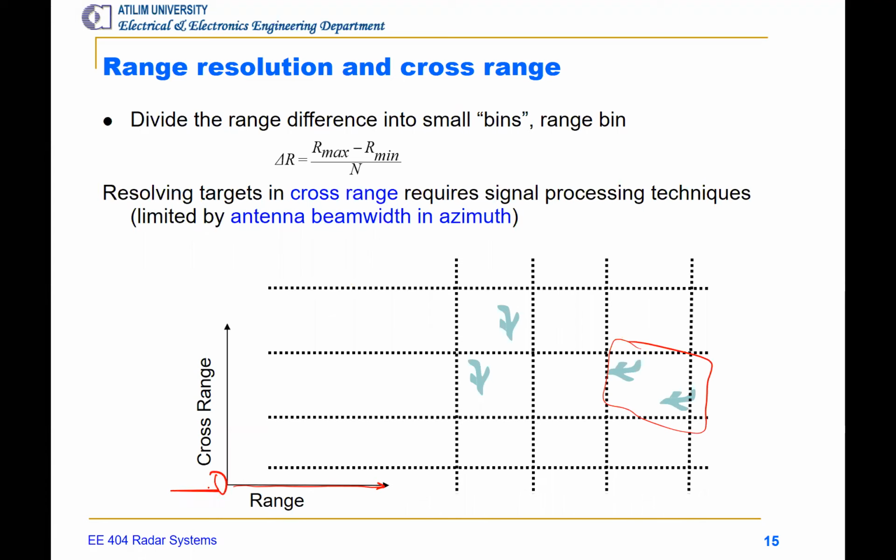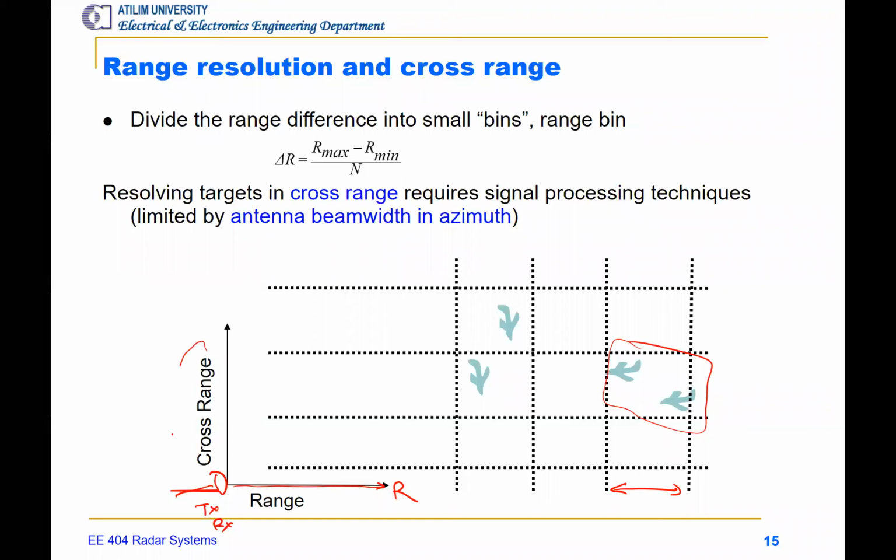Let's say we have a radar here, and the resolution is defined as the distance at which we can separate two close targets. Here, range resolution is measured over the range R.